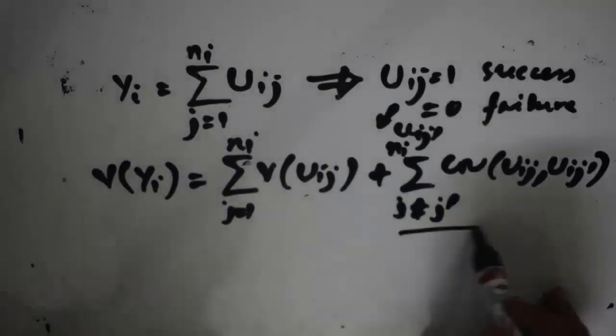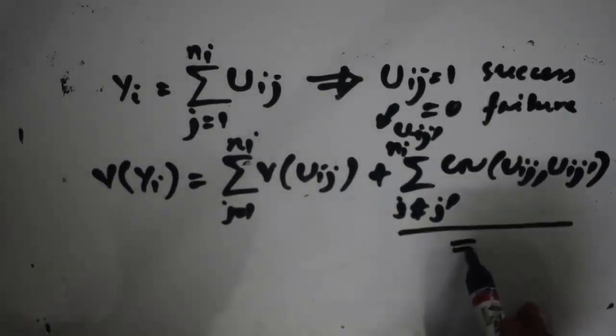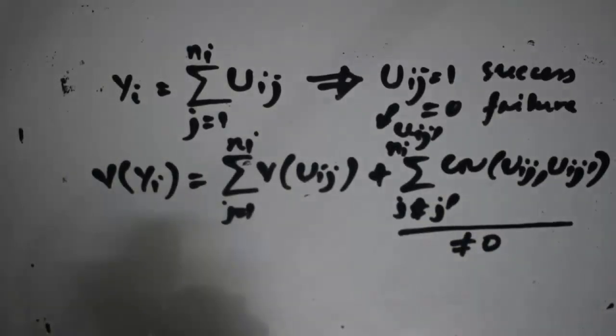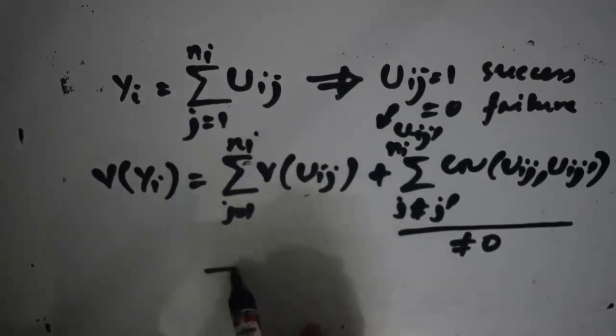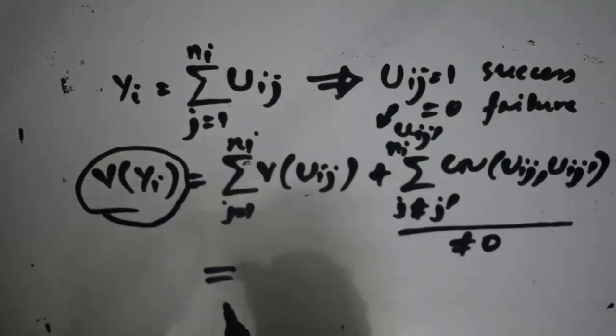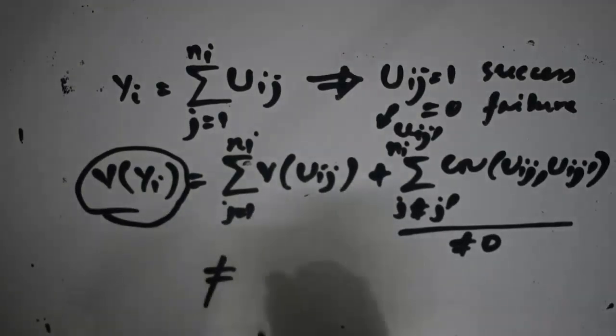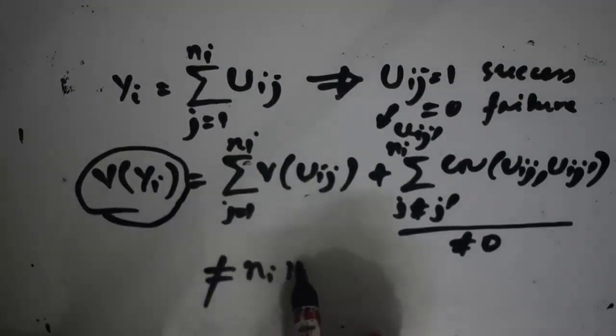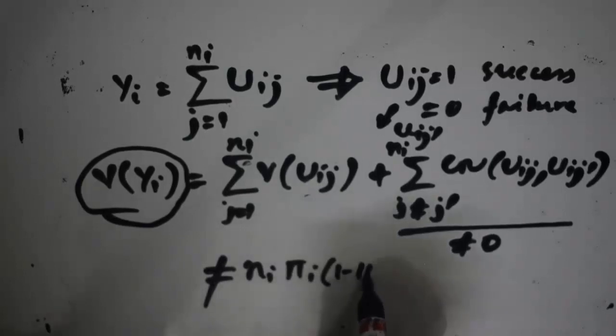Since this portion is not equal to 0, the variance of yi should not be equal to ni pi i into 1 minus pi i.